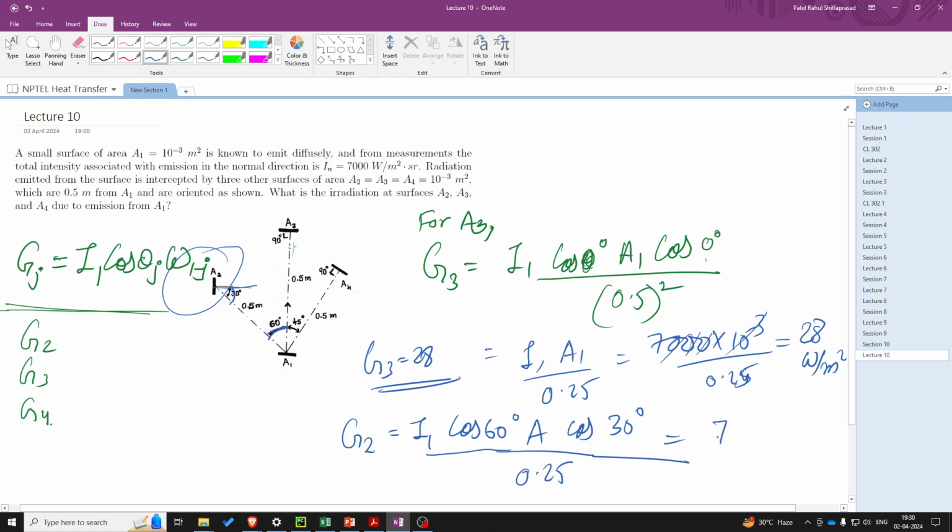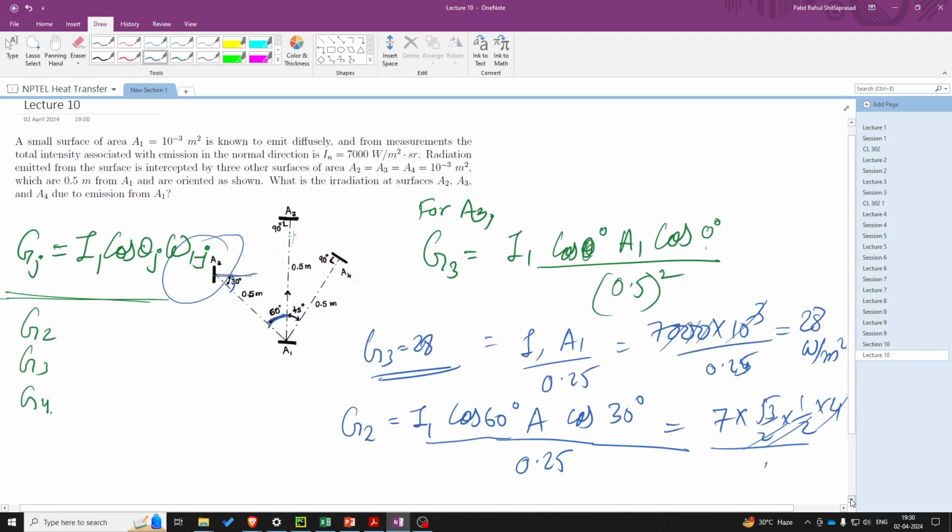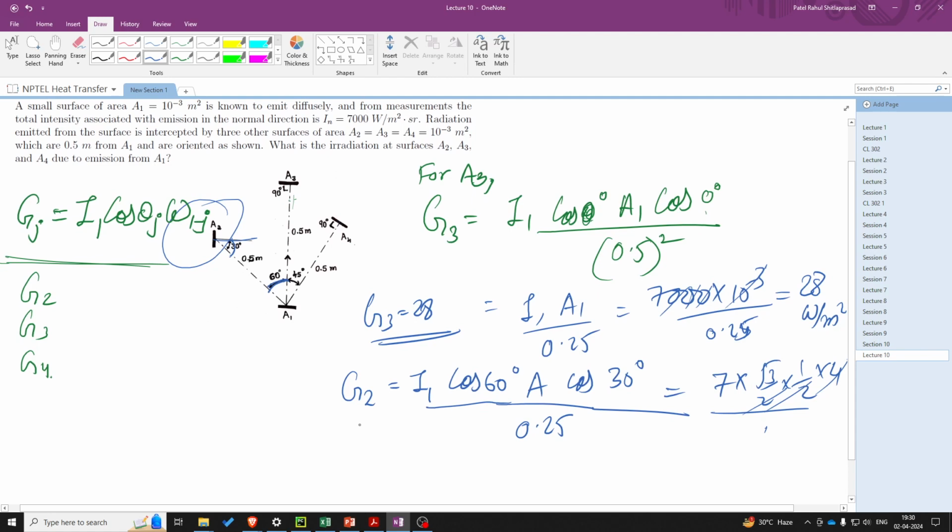So this will become 7 into root 3 by 2, 1 by 2, into 4 will get cancelled. So this will come around 7 into root 3, that is 12.12. So G2 is 12.12 watt per meter square.